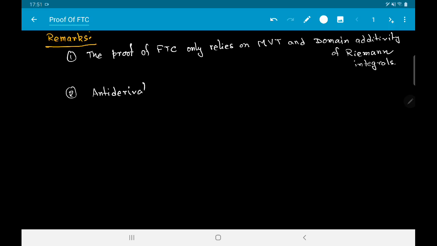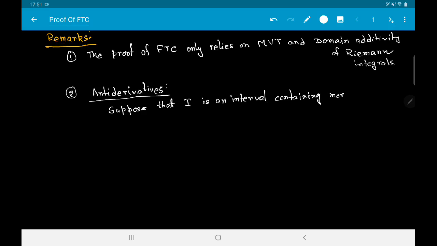So suppose that I is an interval containing more than one point, so we are not looking for an interval of the form a comma a, for example. We are not looking for an interval of this form.